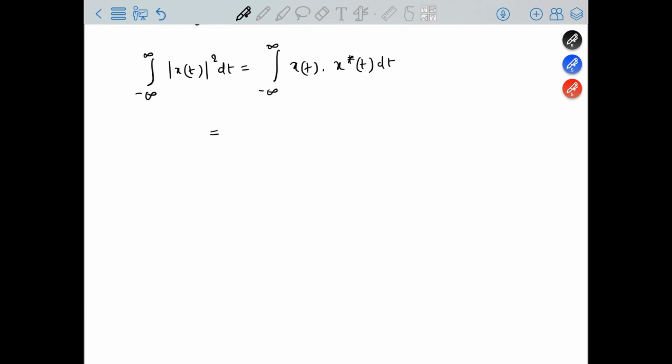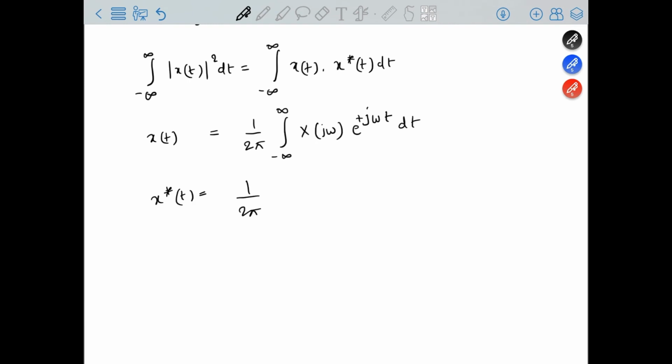Now we know that x(t) can be described as 1 over 2 pi times the integral from minus infinity to infinity of X(j omega) e raised to the power plus j omega t d omega. Then what will be x star of t? It can be described as 1 over 2 pi times the integral of X conjugate of j omega, and now the exponent will be replaced with minus j omega t d omega because of the conjugation operation.